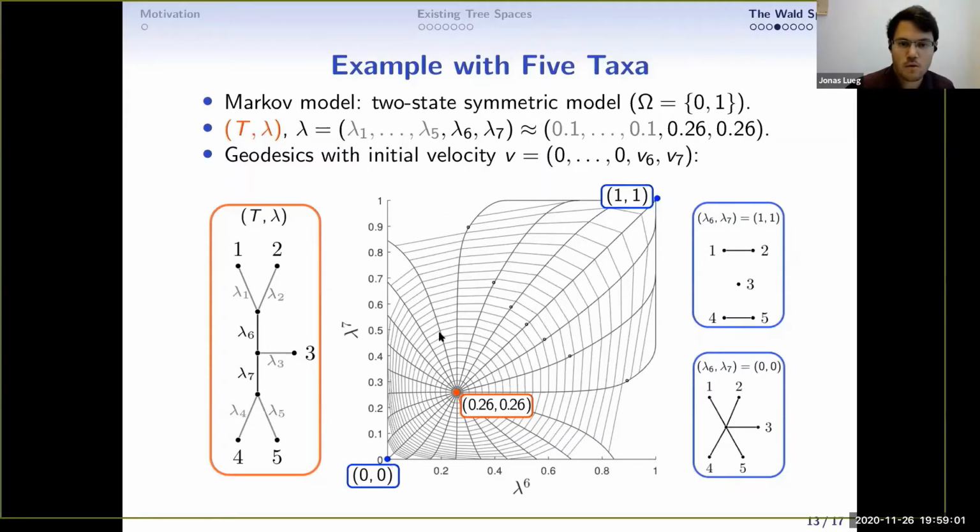So both blue points are finitely far away from the red point, and we have an actual distance between them. And also you see that the geodesics are not just going as straight lines, but they're behaving in different ways. And that means that we also definitely have curvature in this space, unlike in the BHV space.